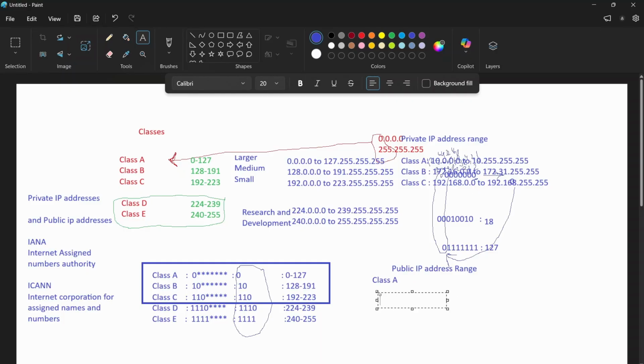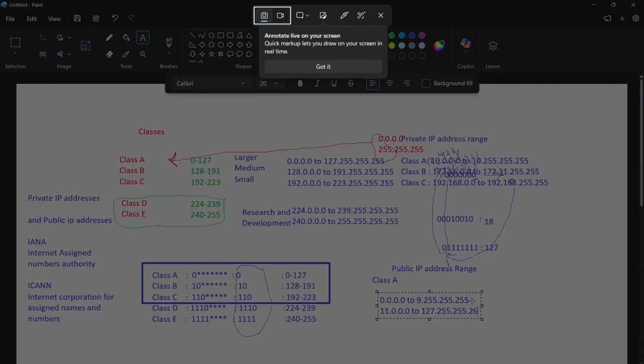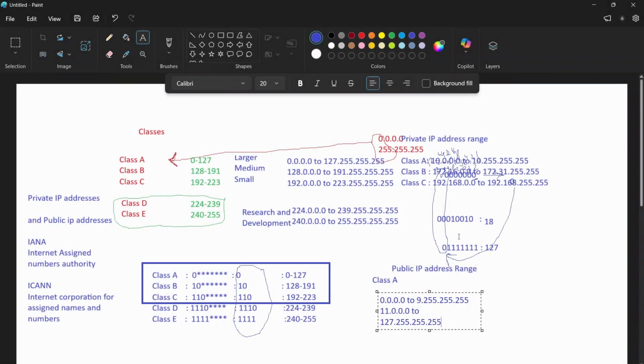Class A public IP address range: 0.0.0.0 to 9.255.255.255. That is one range. After that, 10.0.0.0 to 10.255.255.255 we need to exclude. After that, 11.0.0.0 to 127.255.255.255. This is the class A public IP address range.